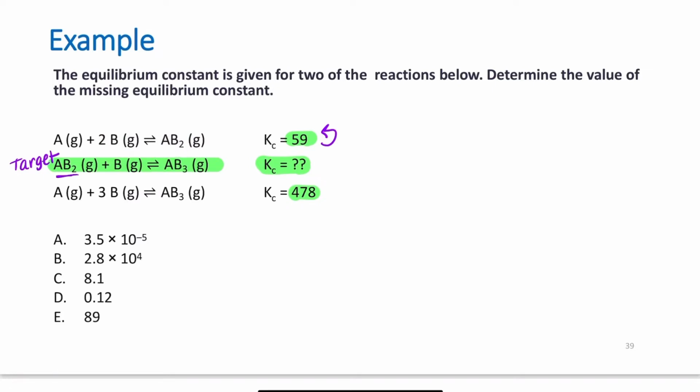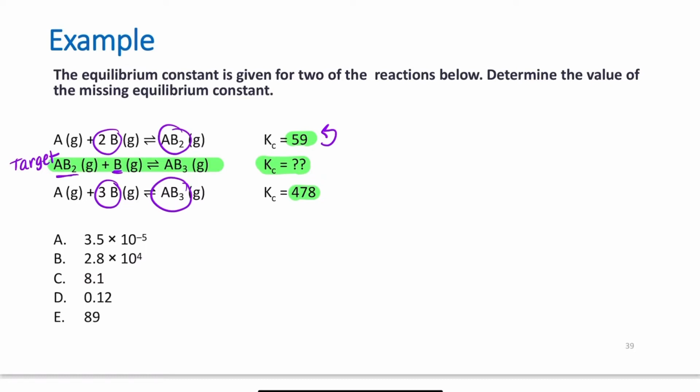Looking at the bottom reaction, A is not in my overall reaction, so that must cancel out. B is in my reaction. Somehow that's got to cancel out to equal just one of them, though. And AB3 is in my reaction, and it's on the product side as it is here. So I'm going to leave this reaction as is.